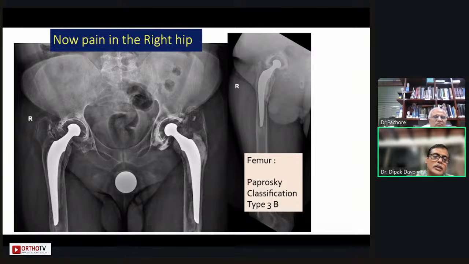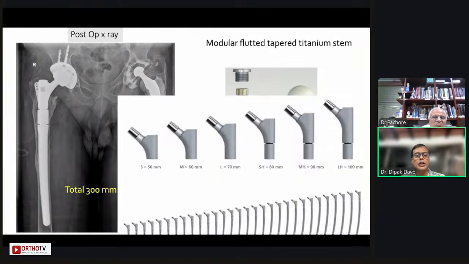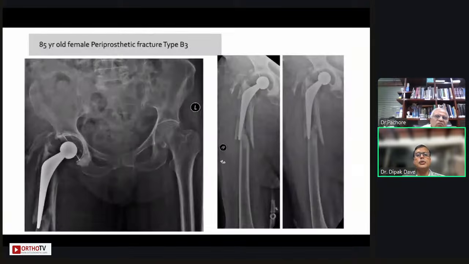Because you can get the distal fixation individually, and then proximally you can build it up based on the need for length and offset. Particularly in type 3B bone loss and in old age patients, modular distal loading stems give you a lot of advantage. The proximal portion comes in various sizes, so accordingly you can choose the right body to get the right fixation.